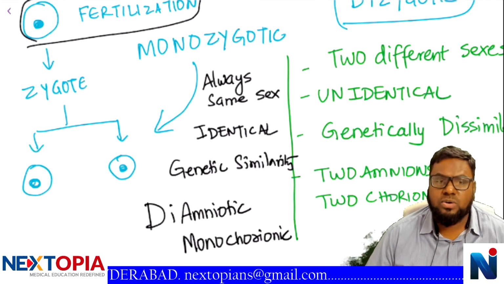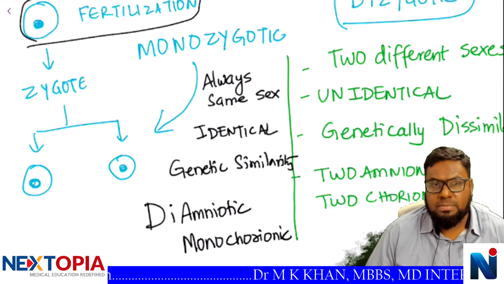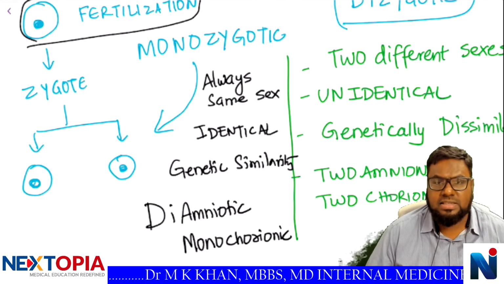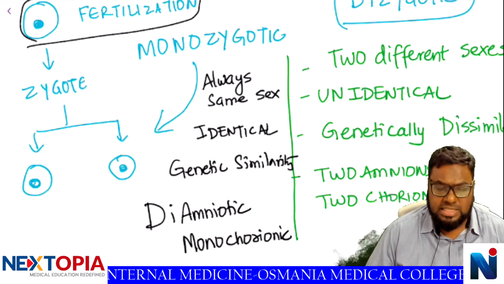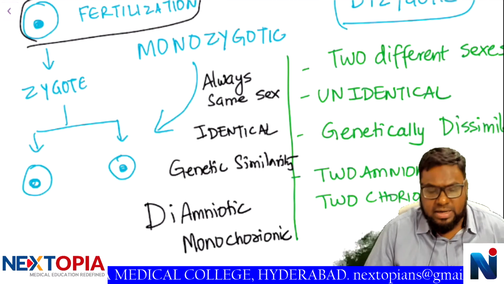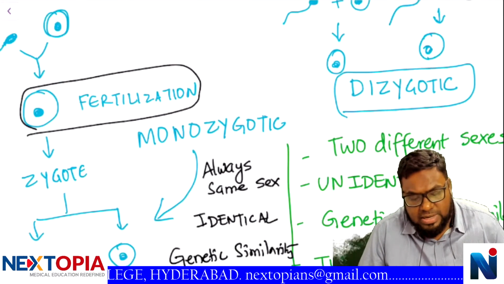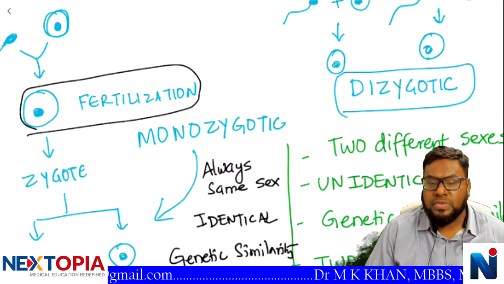What is this amnion and chorion? We'll discuss that later on when we discuss the actual twin chapter in obstetrics and gynecology. But for now, for our basics of understanding of embryology, these two points are important. We have two types of twins, monozygotic twin and dizygotic twin. Monozygotic twin is an act of single fertilization, dizygotic twin an act of two fertilizations.